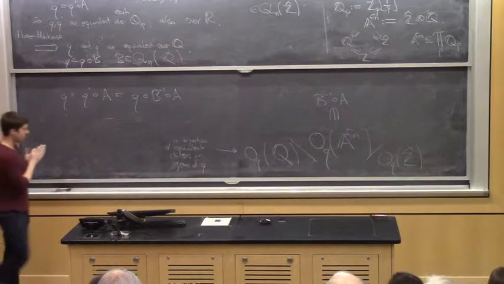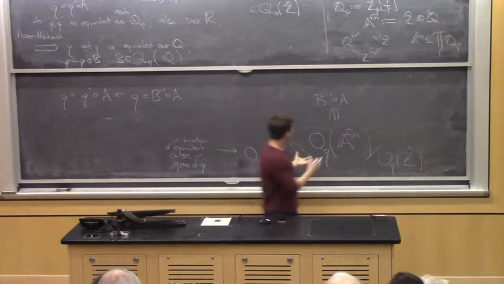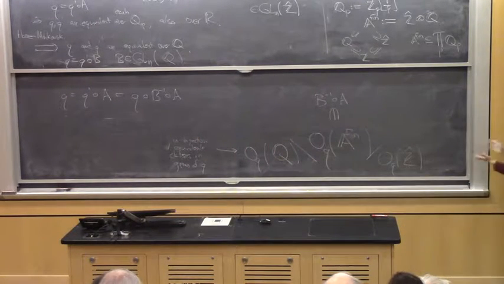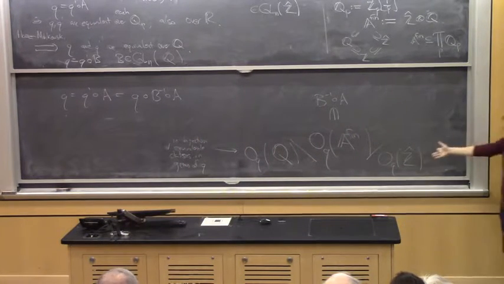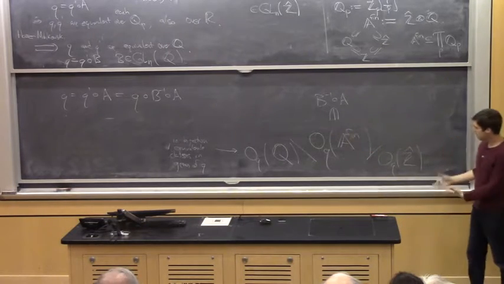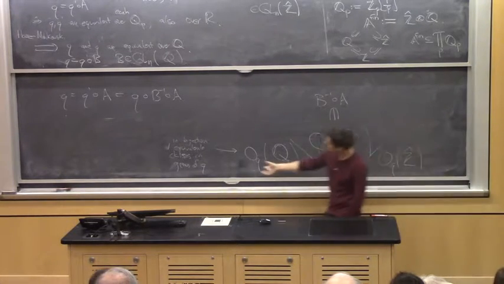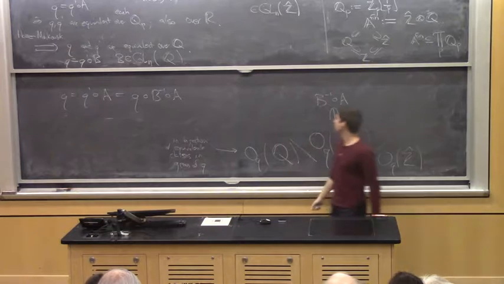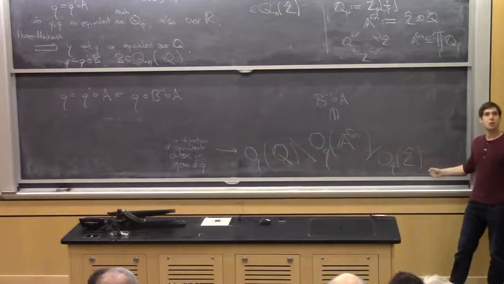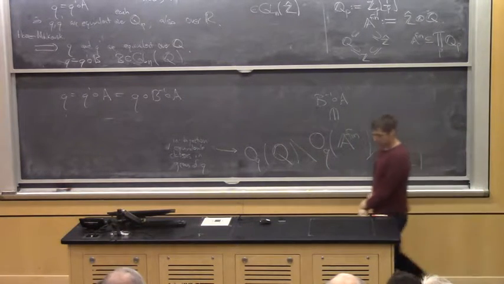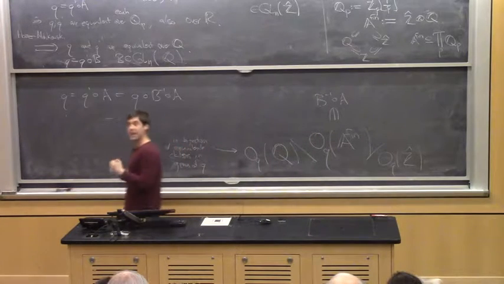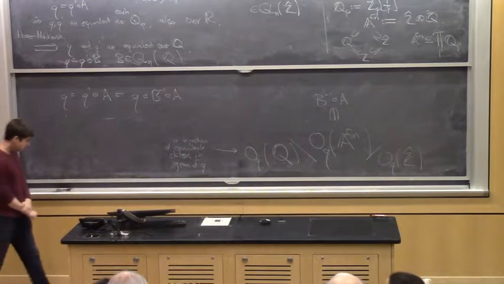So what's the upshot of that? Well, the Siegel mass formula is about counting the number of double cosets. A priori, it's about counting the number of quadratic forms in a genus, and it can be converted into a problem of counting the number of double cosets. So let's start thinking about it that way.